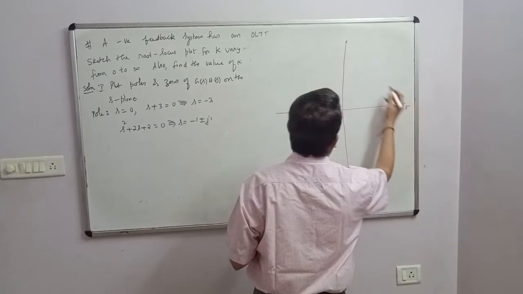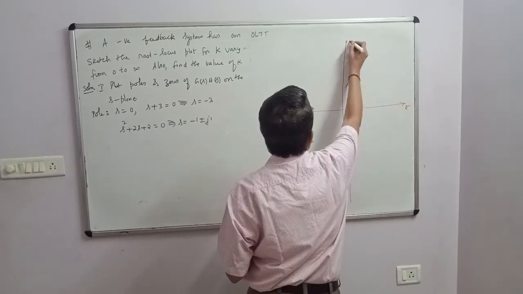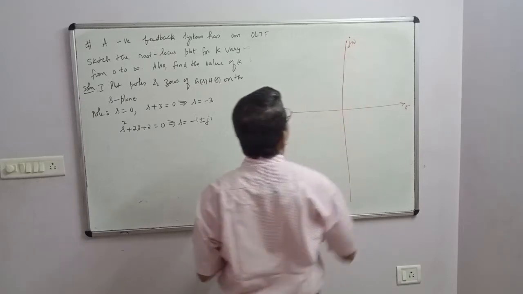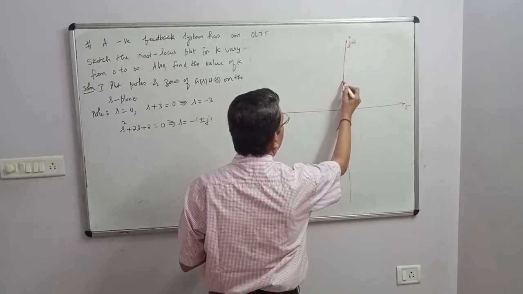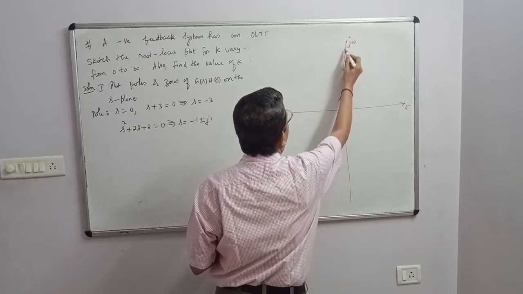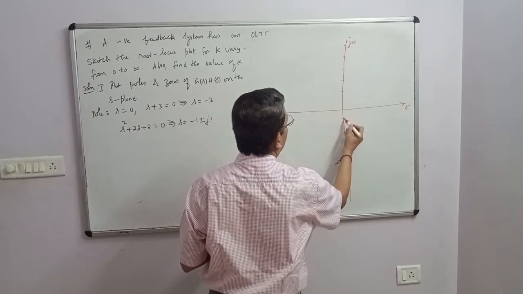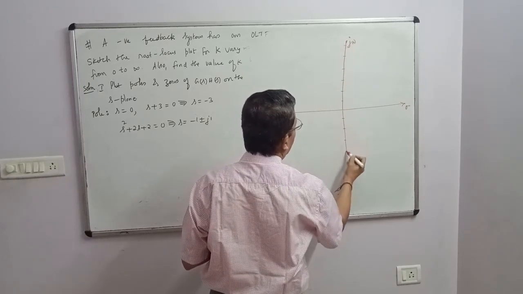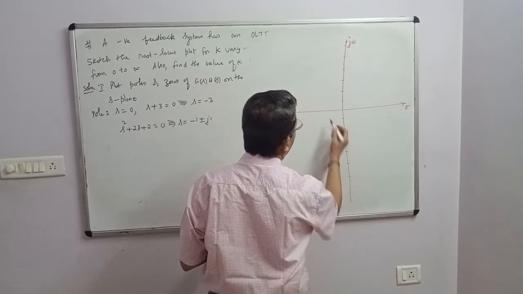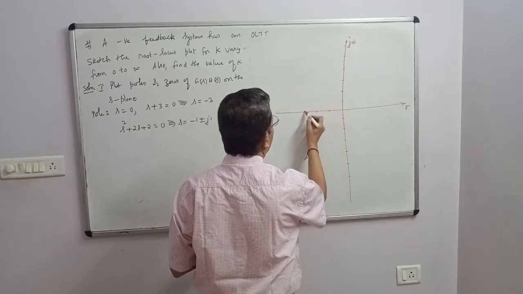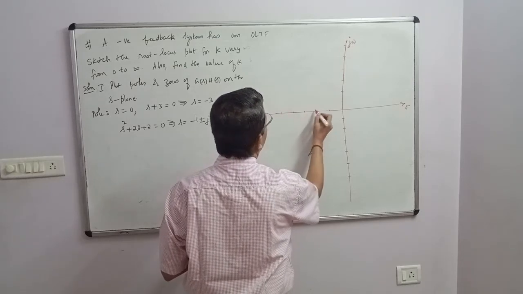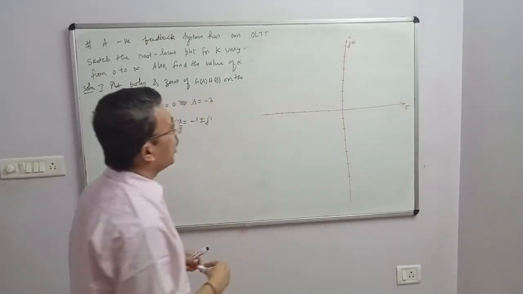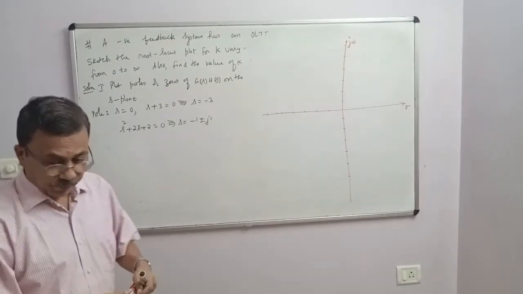S plane is a complex plane having real axis sigma, imaginary axis j omega. So we will take 1:2 scale.